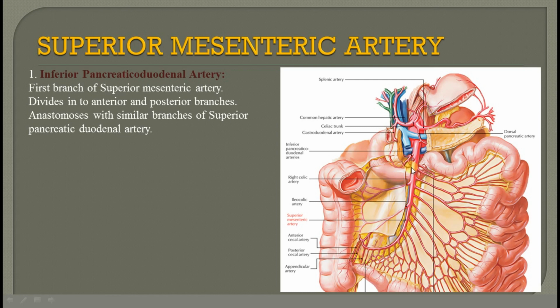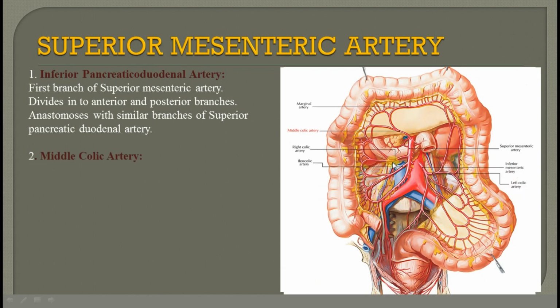The artery divides into anterior and posterior branches. They anastomose with the superior pancreatico-duodenal artery, which is a branch of gastroduodenal artery. Thereby, they supply the head of the pancreas and also the adjoining part of the duodenum. So, first branch is the inferior pancreatico-duodenal artery. This one.